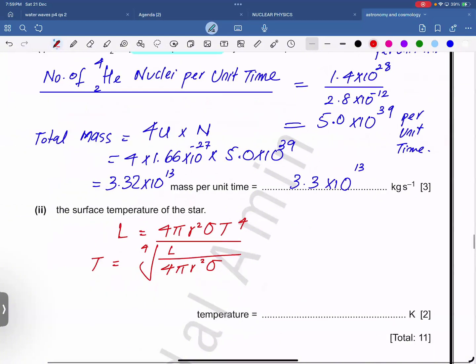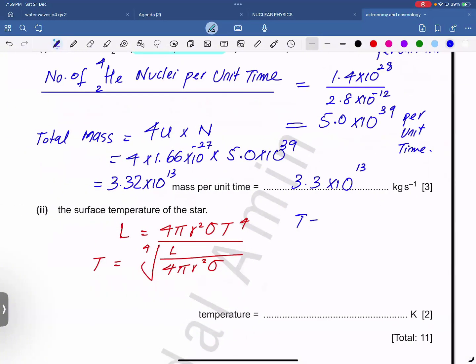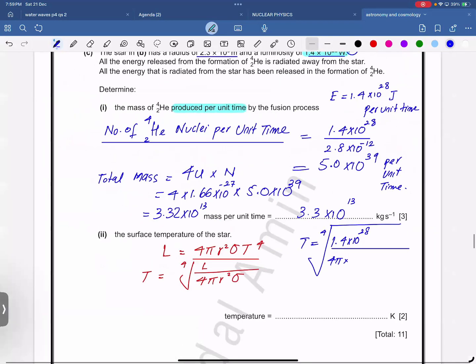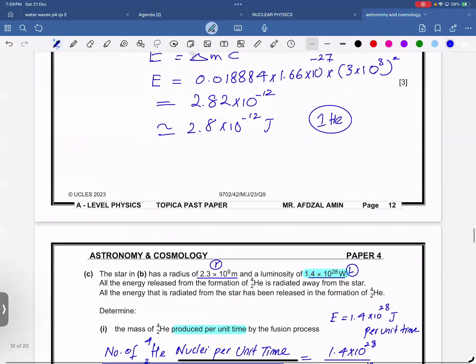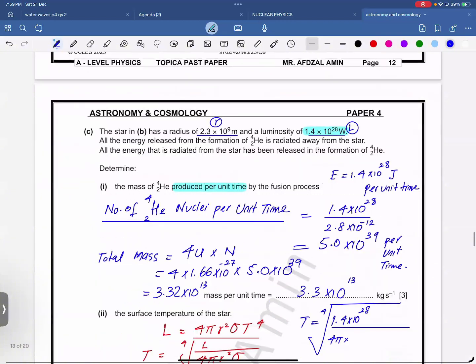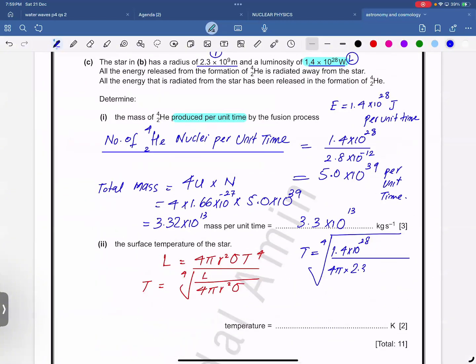Put the values, my dear students. Stefan-Boltzmann law. Luminosity is 1.4 into 10 power 28. Radius 2.3 into 10 power 9.